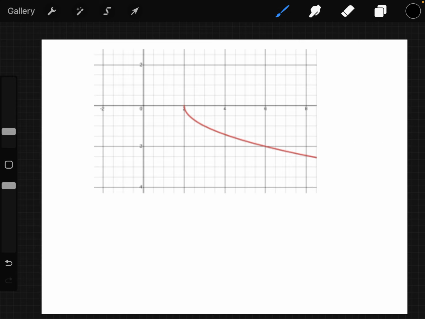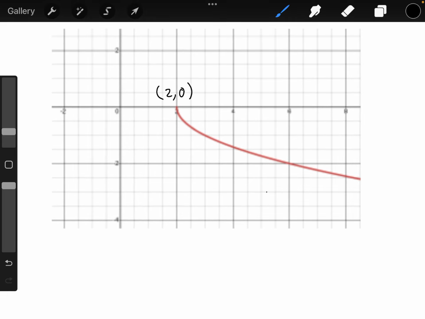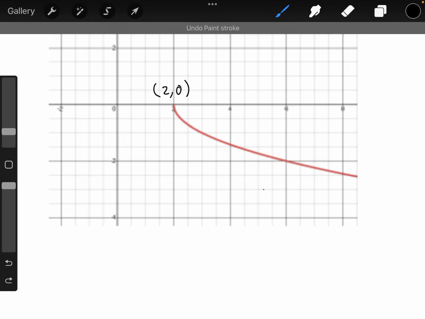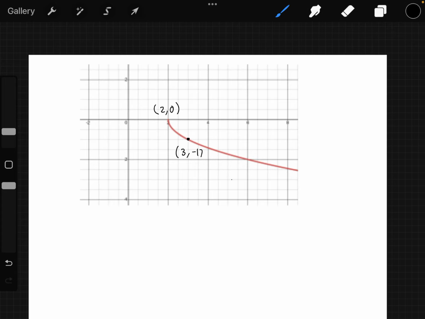Finally, we'll write an equation for each graph function based off of the parent function. So we'll write our reference points. If this is 0, 0, this point here is 2, 0, and there's another point here at 3, negative 1.